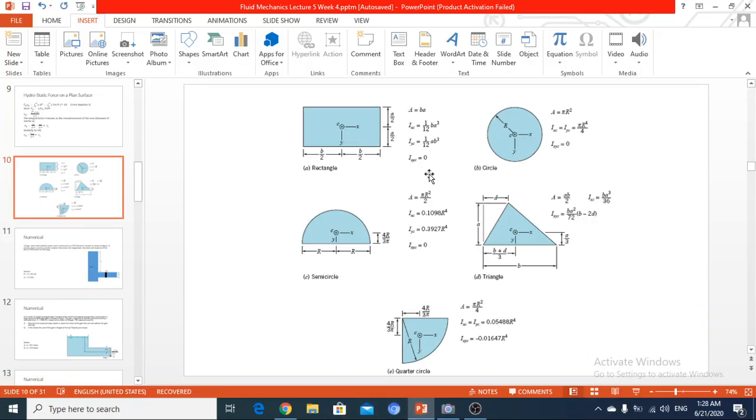Okay, here you can see Ixc equals 1/12 d A power 3. So I rub out certain part. Ixc equals 1/12.